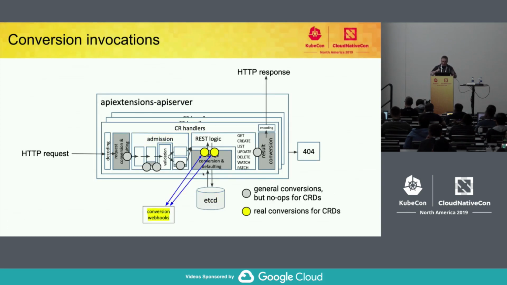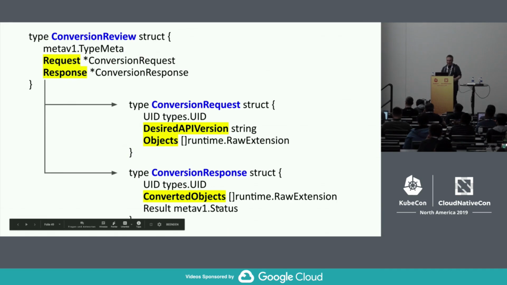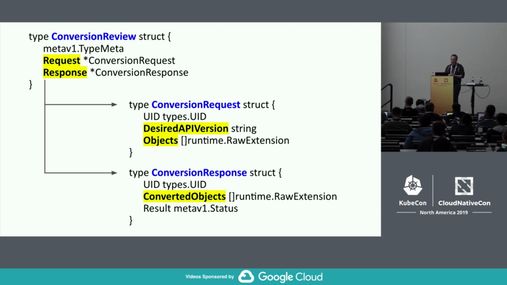We have registered the webhook already. It's in the manifest of the CRD, so it knows about that, and it will do those calls. And those calls will get an object, so it's just a normal webhook, which is implemented via Go, for example, in our example here. So it's an HTTP server, and it gets some request. And this request, in the body, has a conversion review.